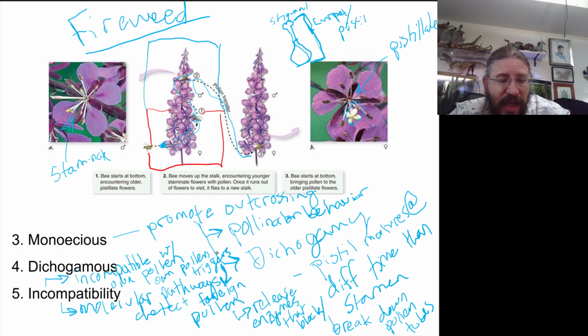So here we have pollinator behavior and dichogamy, and those are pretty good. But then we have genetic incompatibility with your own pollen through an immune pathway that just nukes those pollen tubes. So that's a pretty effective one. It's probably more effective than pollinator behavior and dichogamy. So anyway, that's pretty darn cute.